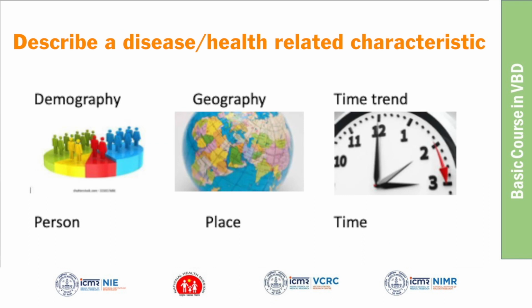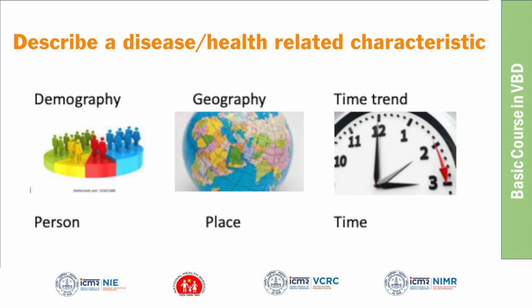So how can we describe a disease or health-related characteristic? It's nothing but three factors. We can describe a health status or a disease at the population level based on age, gender, ethnicity, etc. It is nothing but the demographic details of the population. The second one is whether there is any variation based on geography or place. It can be an international variation or national variation, or rural and urban variation, or within a city and the outer city variation.